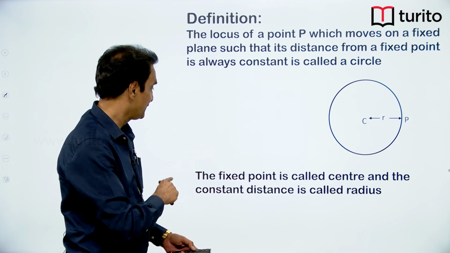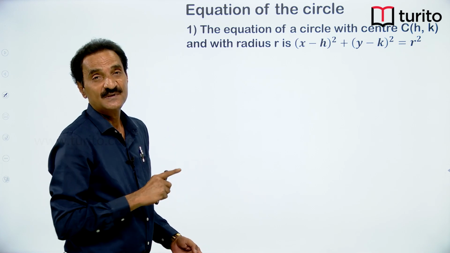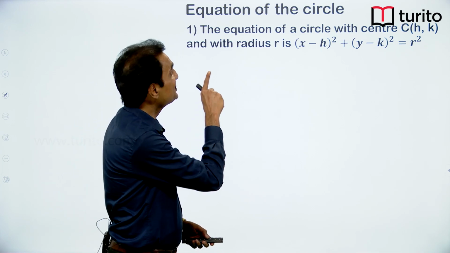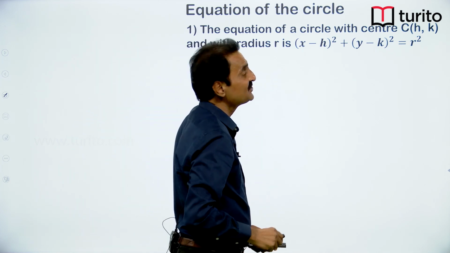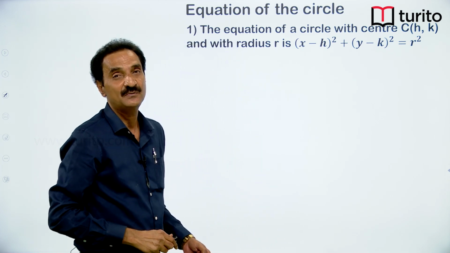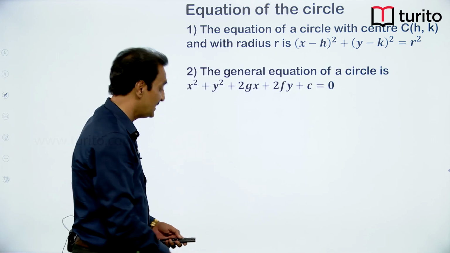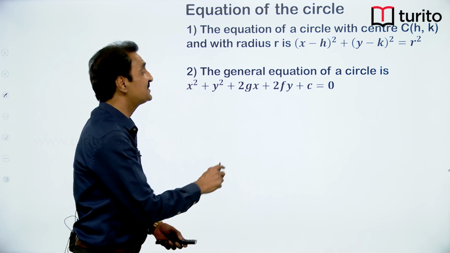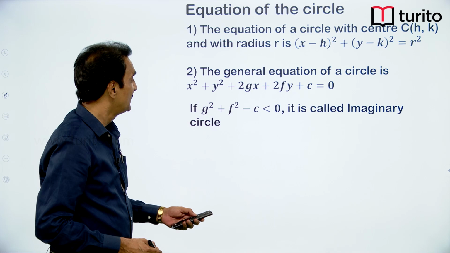Next point, the equation of the circle with center (h, k) and radius R is (x minus h) whole square plus (y minus k) whole square is equal to R square. The general equation of a circle is x square plus y square plus 2gx plus 2fy plus c is equal to 0.